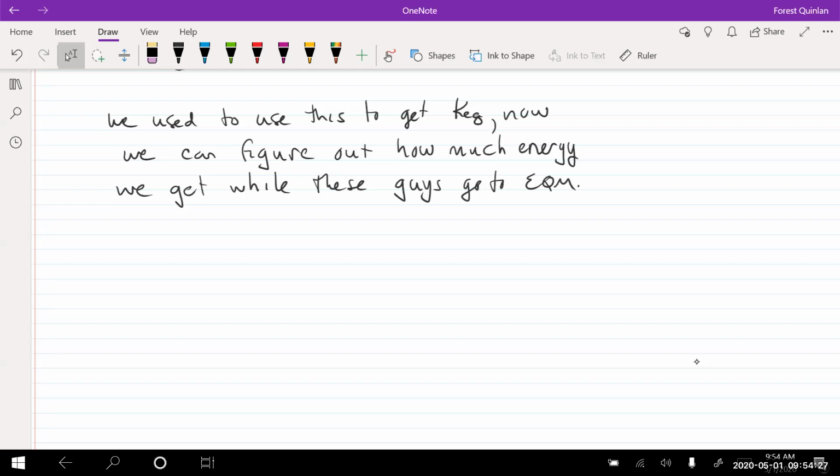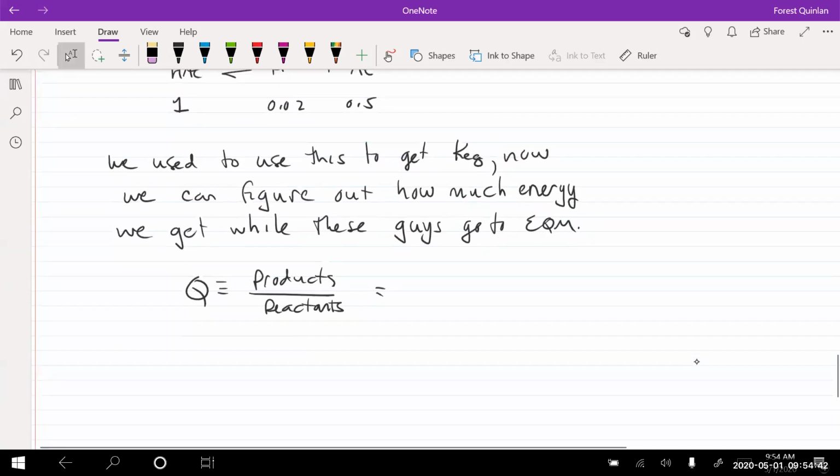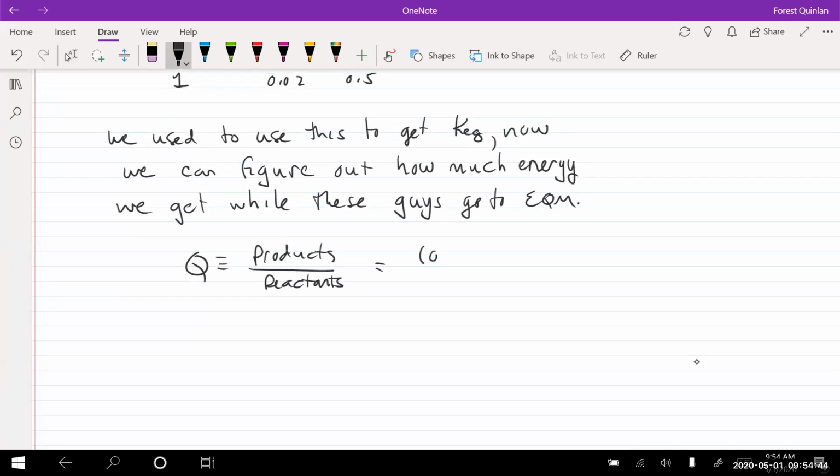So we look at Q, which is the products over the reactants. In this case, our products are the H+ and the Ac-. So we would have 0.02, we'd have 0.5, and we'd have the 1 for the reactants.